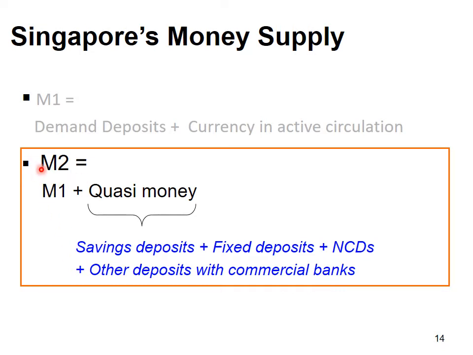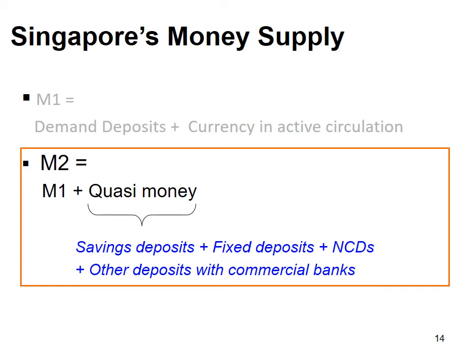So M2 consists of M1, the one closest to us, plus all this quasi money, which are actually accounts held at the banks. Why we put it as M2 is that it is a little bit further from us. We don't usually use it directly to make payments, especially fixed deposits. The term is fixed, so people don't usually use a fixed deposit to pay for something, but wait until it matures, then maybe use the money for something else.